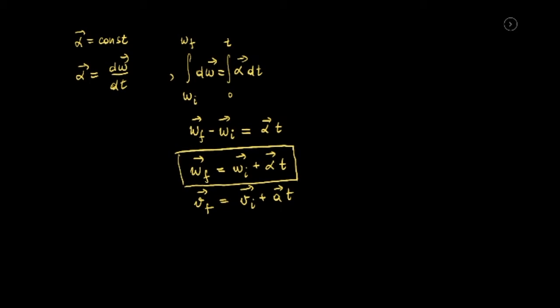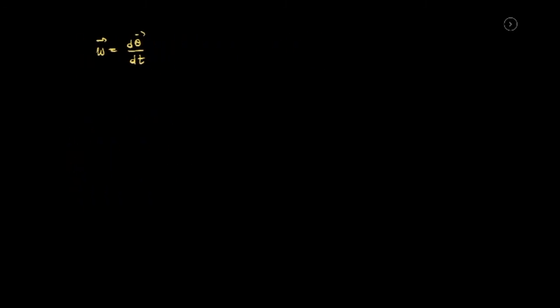Now to find the final angular position, theta final, we have to remember the definition of omega. Omega was equal to d theta divided by dt. From here we can find that d theta is equal to omega dt.